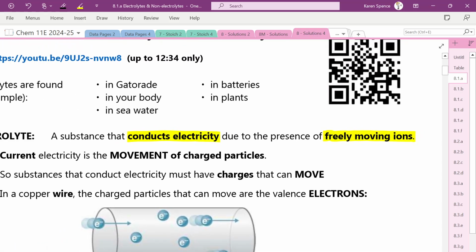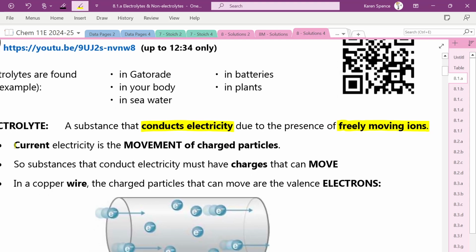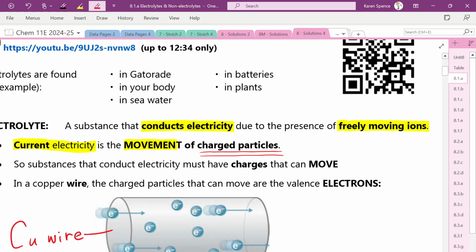Because basically what current electricity is, you need to have the movement of charged particles. And if you have, say, a copper wire, what are the charged particles that are moving in the copper wire?